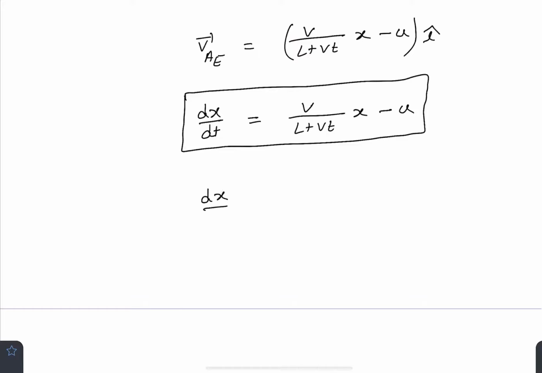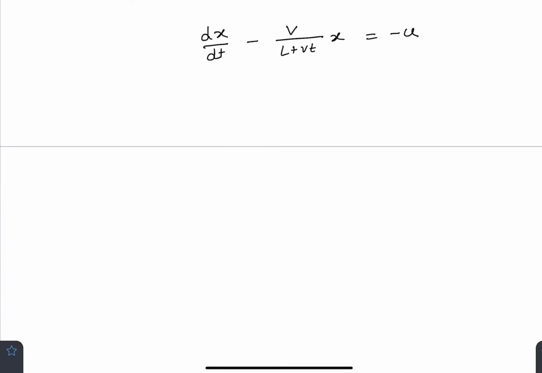So dx by dt minus v upon L plus Vt into x equal to minus u. Here the second term is a function of x only, a linear function of x. That's why this is called a linear differential equation. So here we need to calculate the IF, the integrating factor.